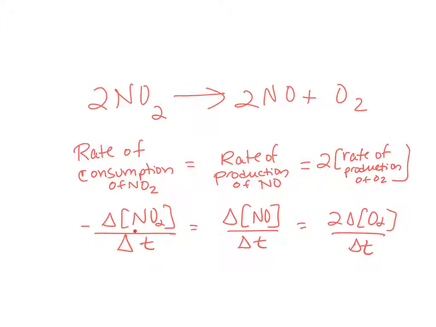So the rate of change of consumption of nitrogen dioxide over time equals the rate of production of nitrogen monoxide over time. The only difference, I put a negative here because this is going to be negative, so it becomes positive, negative, negative. But the rate of production of this is double the rate of production of this, because 2 of these are made for every 1 of these. So the rate of production of this is twice the rate of production of that.